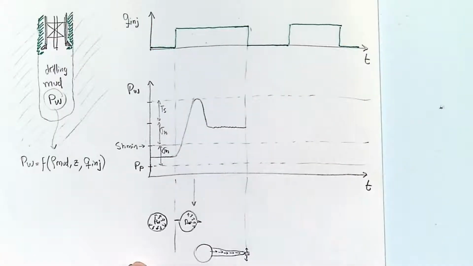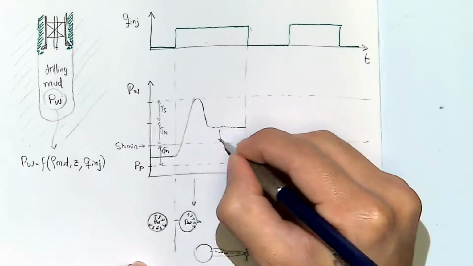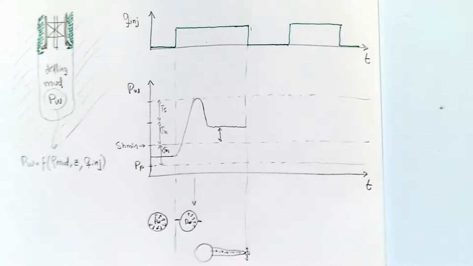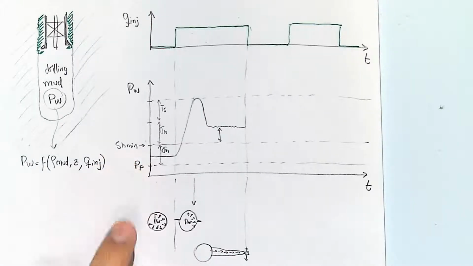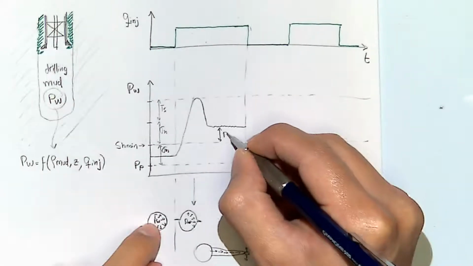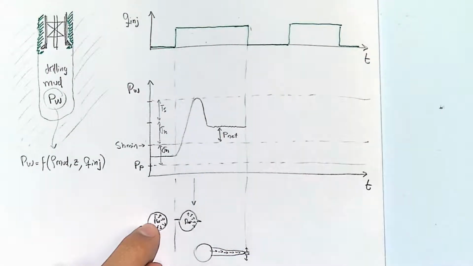How much higher? It depends on many factors. It depends if you are doing your fracturing with drilling mud, with a slick water fracturing fluid, or with something else. But the difference between that fracture propagation pressure and the minimum principal stress is something which is called net pressure.